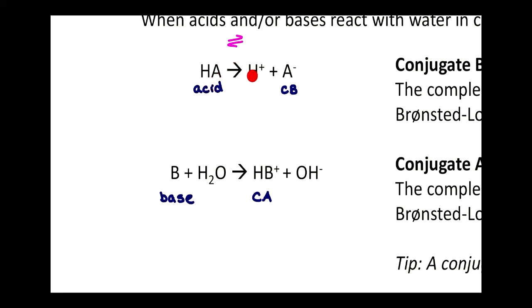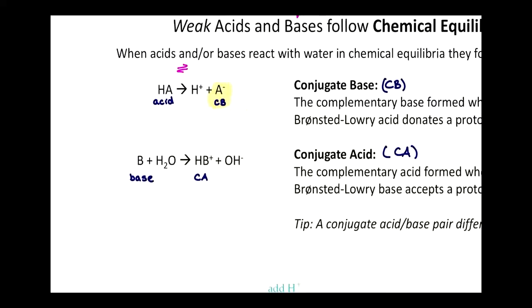It donates its proton, so Bronsted-Lowry, and now you're left with this leftover anion, because remember, everything has to be atom balanced and charge balanced. So what's special about this leftover anion is that it is called the conjugate base. HA is the acid you threw into water, but what you get out is not only H plus, but an anion that is its conjugate base, all right?